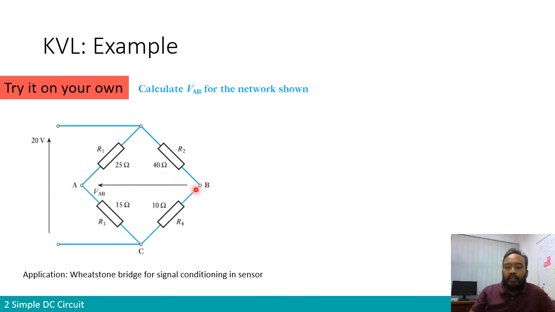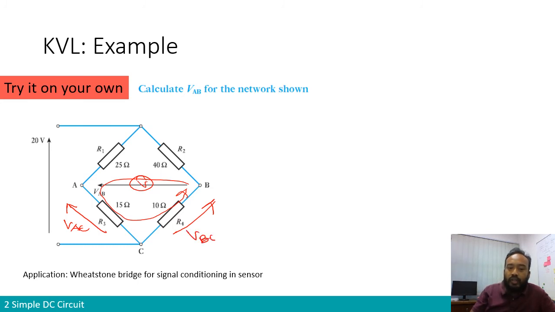So in order to find VAB, we can write a KVL. Let me help you to do this. So you can see that in here, we can write a KVL. This can be considered as a loop if we put a voltmeter over here. So for the loop over here, if we assign a voltage across R1 and R4, let's say I'm going to call the voltage between point A and point C as VAC, the voltage difference between point A and point C, and this voltage I assign a direction, VBC.